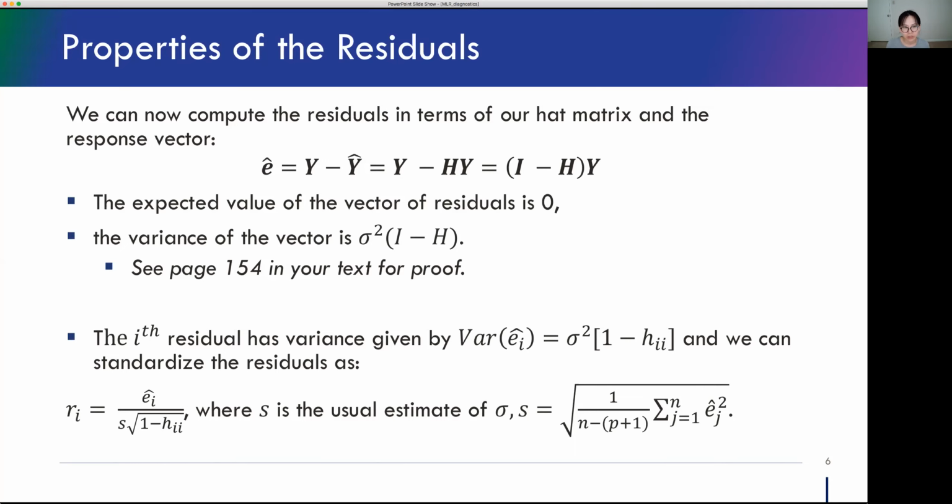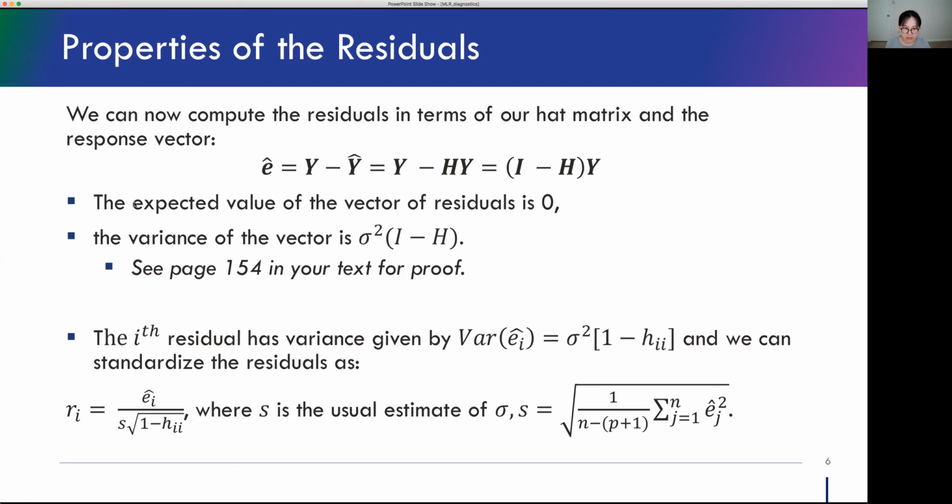And let's look at the residuals. Now we compute the residuals in terms of the hat matrix, right? E hat is just y minus y hat. Plug in H times y for this y hat, and we get (I minus H) times y, where I is the identity matrix.